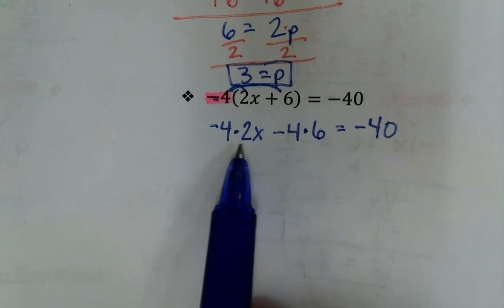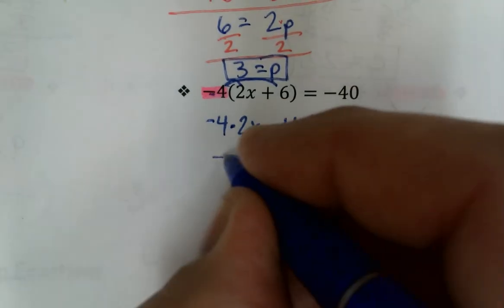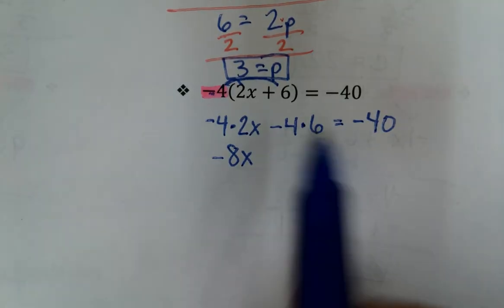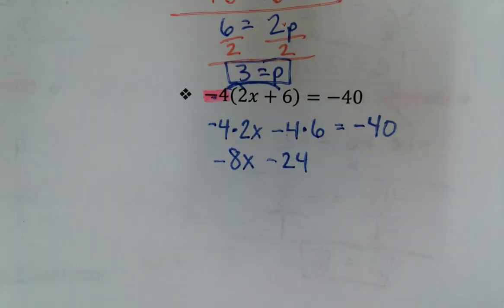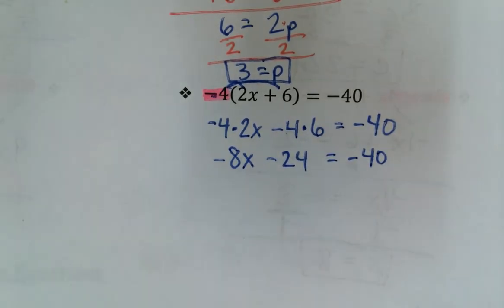So now going ahead and doing this multiplication, -4 times 2x is a -8x. And a -4 times 6 is a -24. Bring the rest of this down.